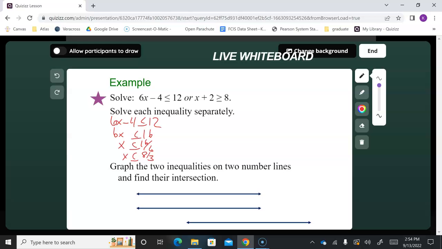Always simplify fractions. If it is a repeating decimal, you need to leave it as a fraction. Okay? Always leave it as a fraction, even if it's a repeating decimal. And so I've got 8/3 and 6. Now, in order to graph this, I need to know what is 8/3. 8/3 approximately is what?